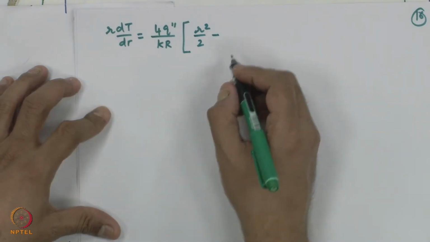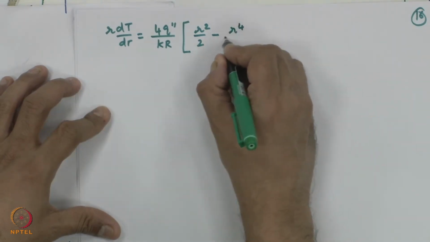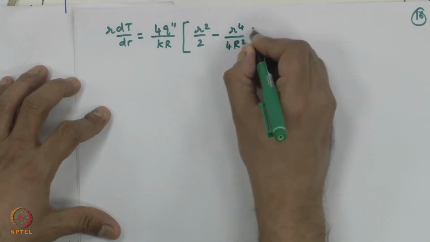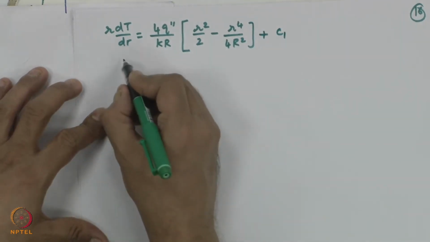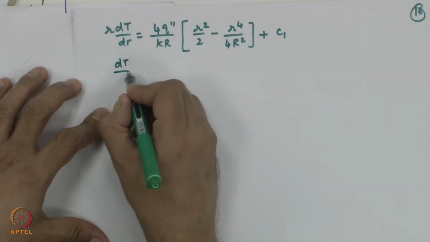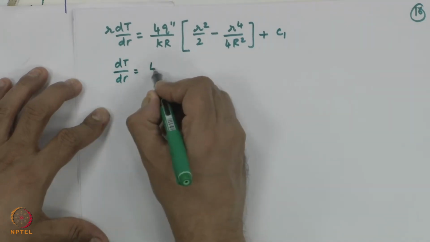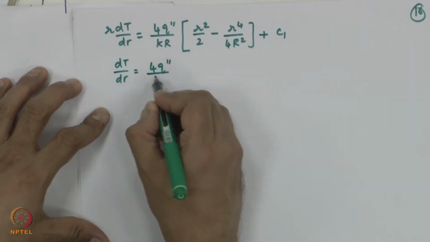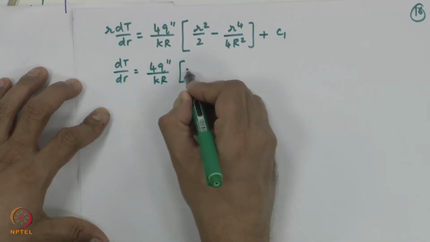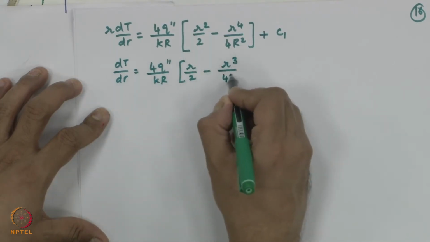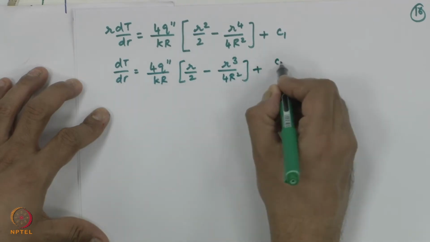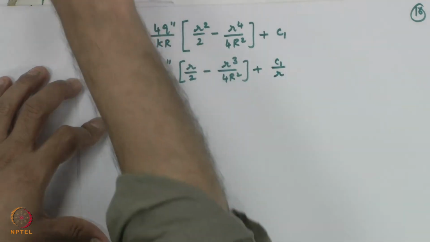What is r cubed integral? R to the power 4 divided by 4 capital R squared, plus C1. Divide through by r, I get dT/dr is equal to 4 q double prime by k capital R. This becomes r by 2 minus r cube by 4 capital R squared plus C1 by r.